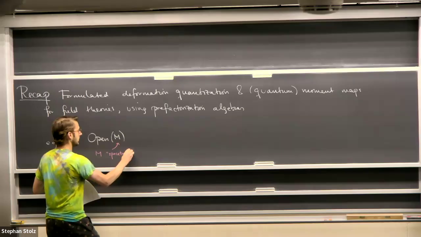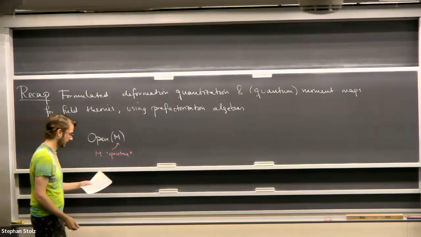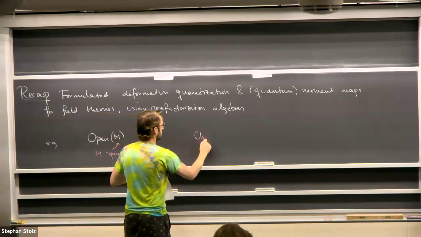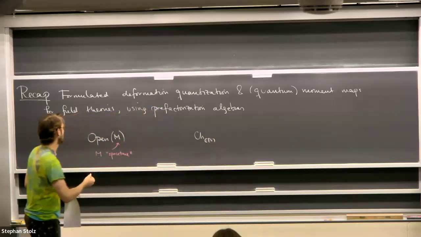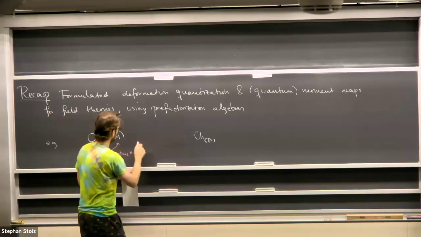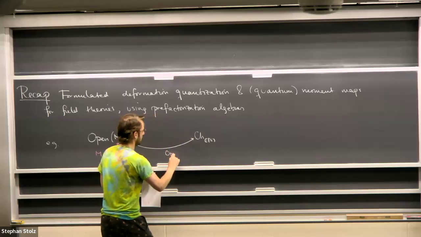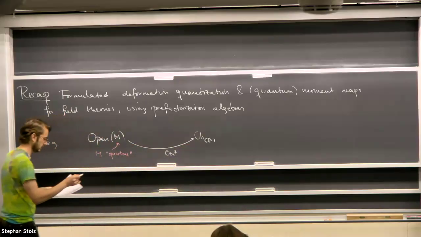So we're doing Chern-Simons on a three manifold. This is the three manifold. And we're saying, I'm going to think about the quantum examples. So to each open set, a theory can associate a sort of chain complex over H bar. It's linear over H bar.